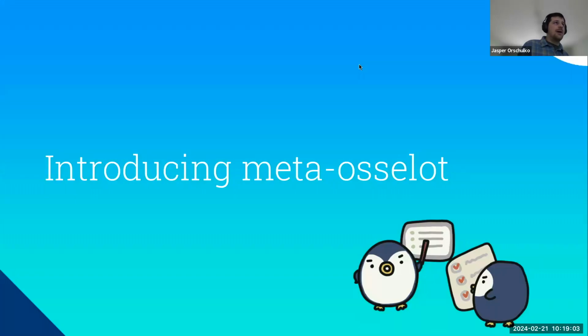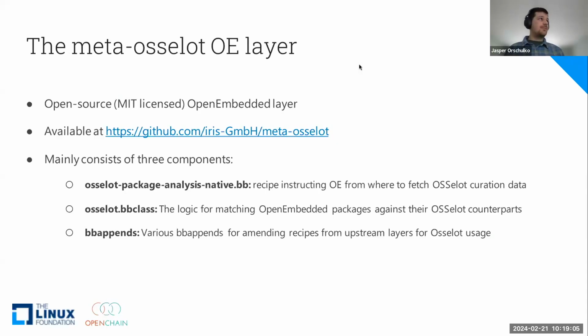All right, so meta-osselot. The meta-osselot layer is the layer that we wrote for that. If you're not too familiar with the OpenEmbedded system, a layer is a collection of recipes.